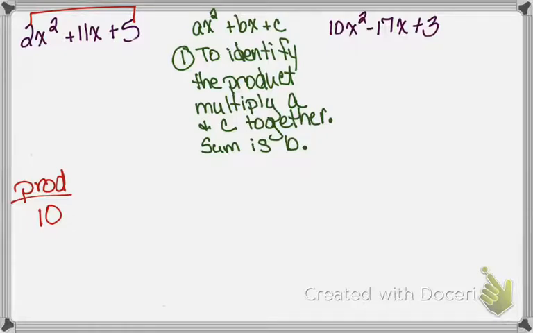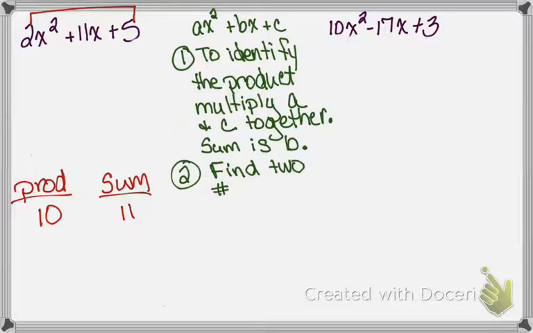Now, what's my sum in this one? 11. Okay. Our second step is the same as it was in the last one. Find two numbers that fit our sum and product.